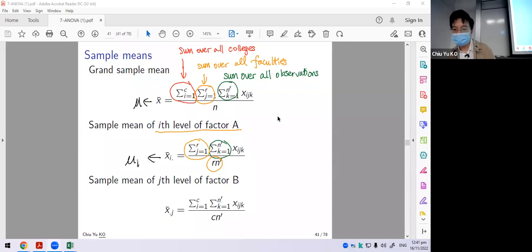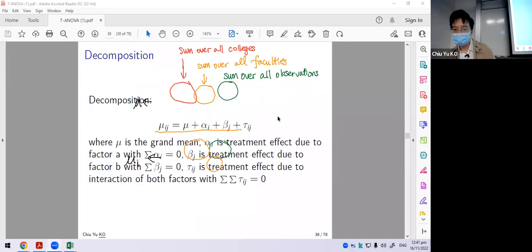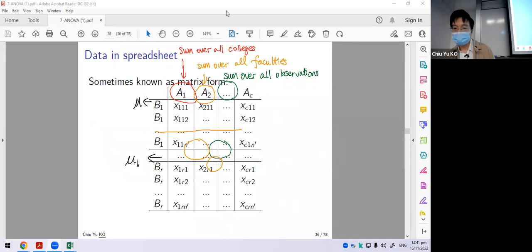Go back to here. It means the following. Let me erase this one. If we're given college 1, this will be x1 dot.